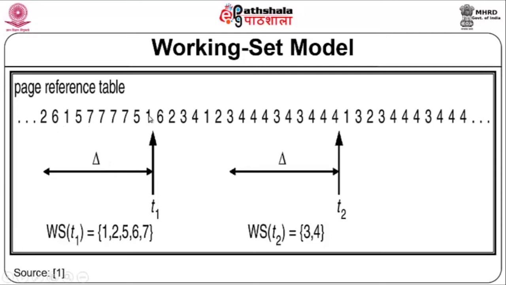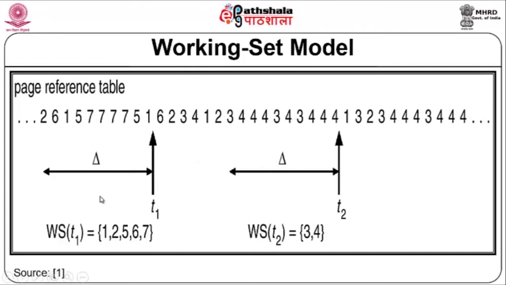So, you look at the last 10 references, and you find that the pages that were active during the last 10 references are 1, 2, 5, 6 and 7. But at time t2, the last 10 references have been made only to pages 3 and 4.